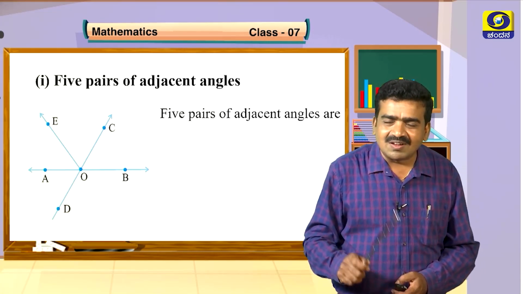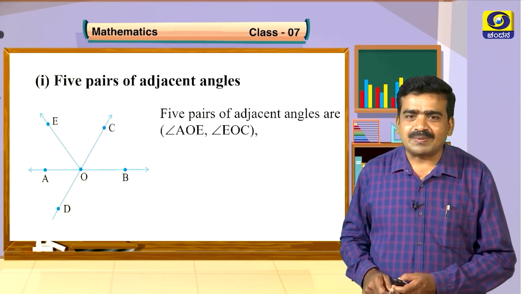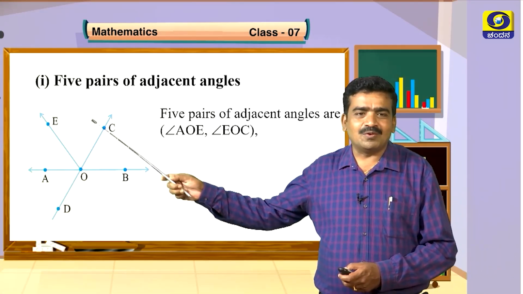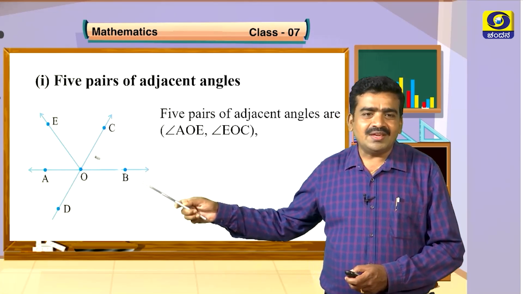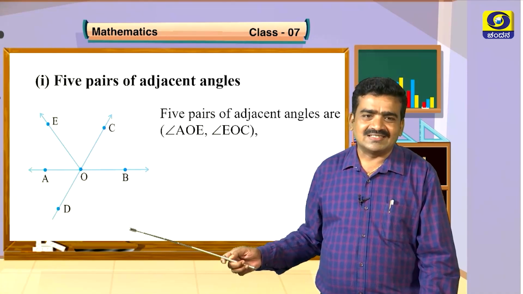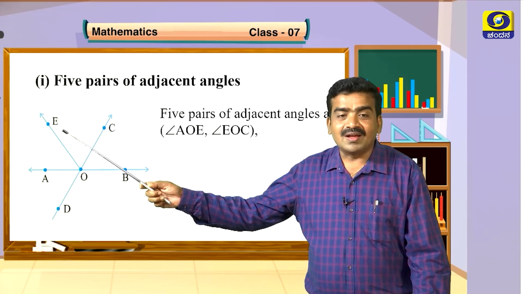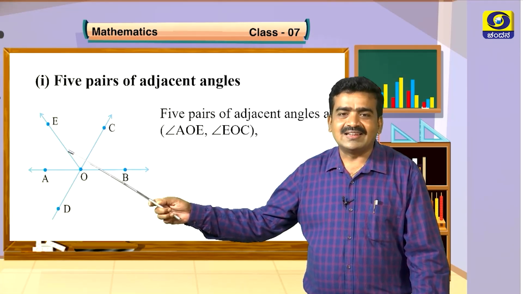They should have a common vertex and a common arm. In this case, let us write the first pair: angle AOE and angle EOC will be one pair of adjacent angles. Here O is the common vertex and OA is the common arm for these two angles.